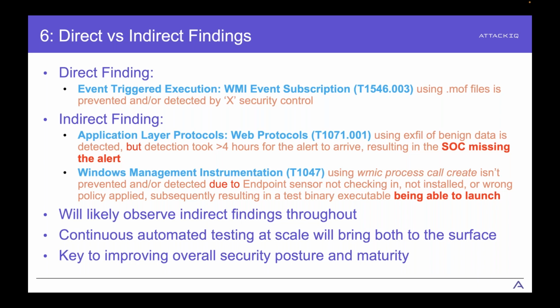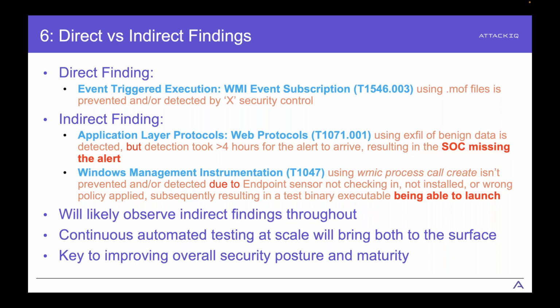Regardless of whether the detection happened 4 hours, 2 hours, whatever, for the example, let's say the detection did arrive, but it took 4 hours for the alert to actually show up, subsequently meaning that the SOC missed that alert. Maybe it's a managed SOC, right? So maybe they don't respond to any alert over 2 hours, for example, or maybe it's 1 hour. It depends what the SLA is.